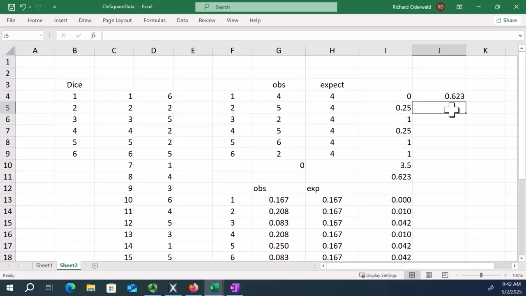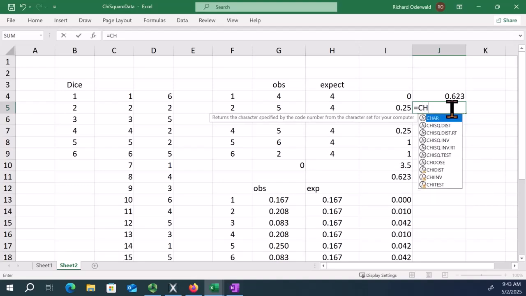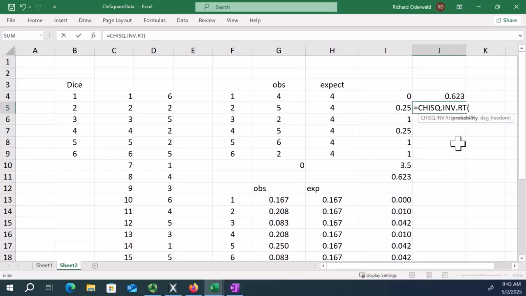Right, to recover the chi-square value, you have to go backwards. Chi-square. Now I want inverse right tail. You always use the right-hand tail for a chi-square. So I've got 0.623.